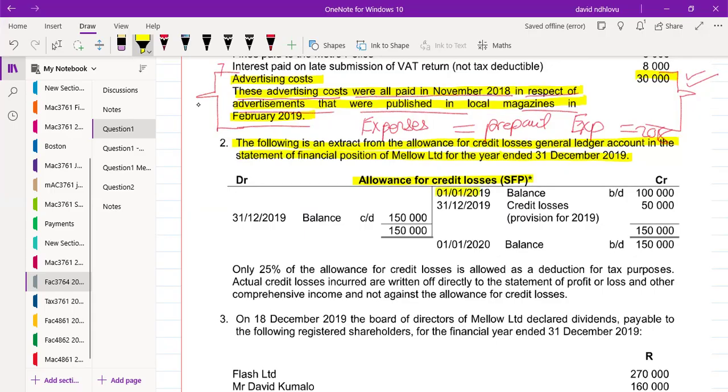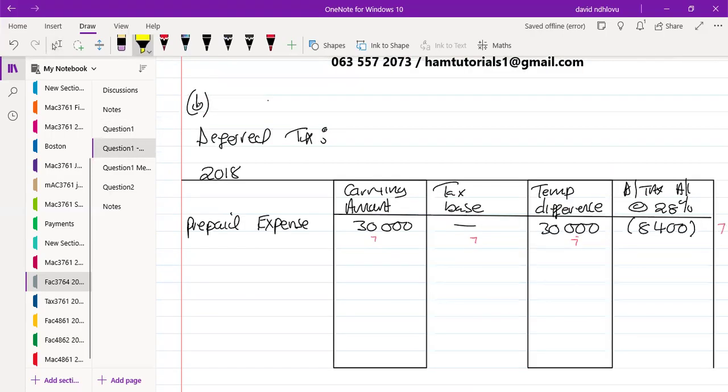So at the beginning of the year, our liability is 100,000. At the end of the year, our liability is 150,000. This is in the books of accounting. So being a liability, remember we are looking for assets and liabilities. So we say allowance for credit losses here.